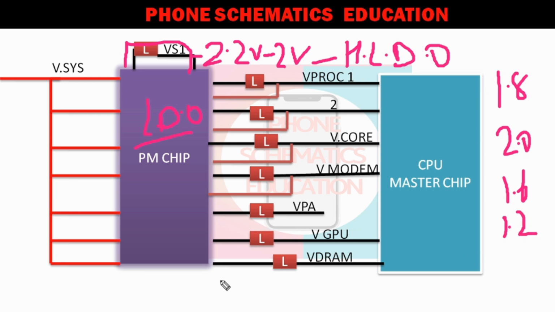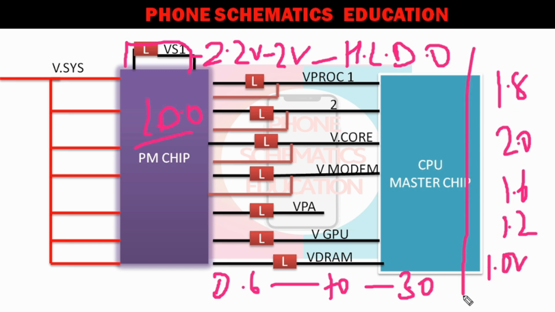There are many LDOs from 0.6 to 3.0, but from 1.8 to 1.0 volt, all these LDOs are produced by the power IC with the help of this voltage called higher LDO VSN1.